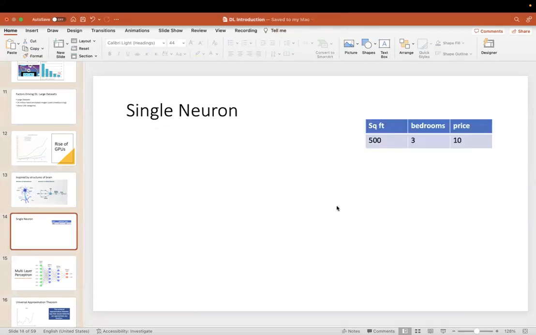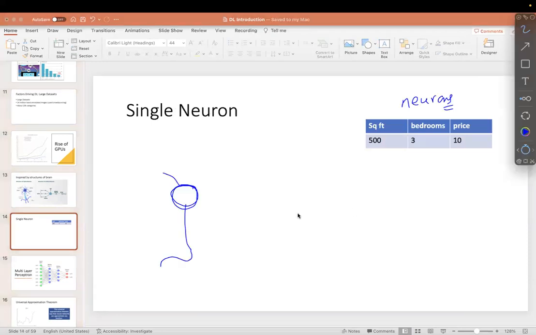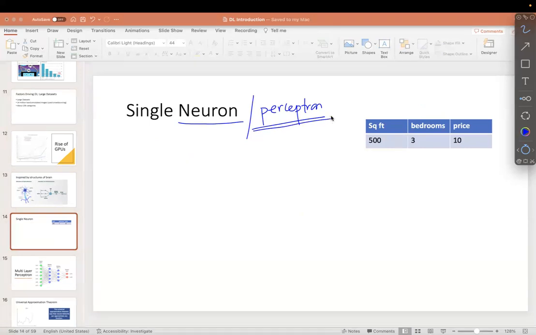When deep learning was designed, the most fundamental component is called a neuron, or also a perceptron. The perceptron is also inspired by the structure of the brain's neuron.